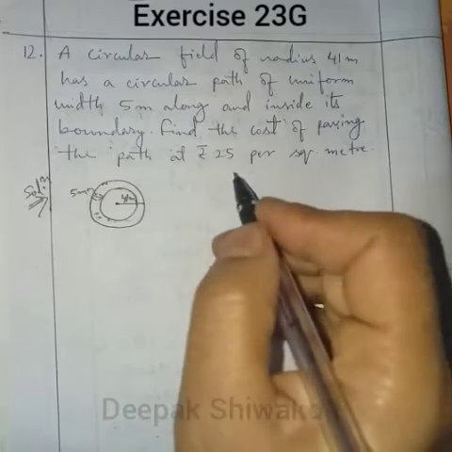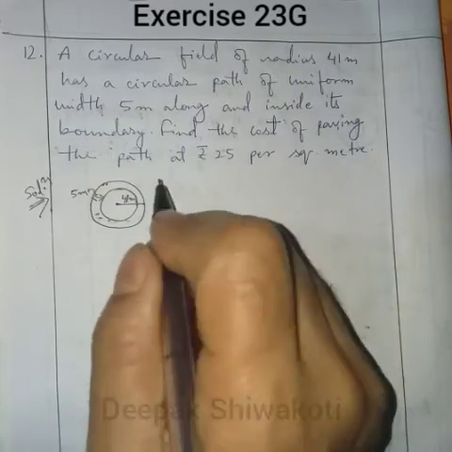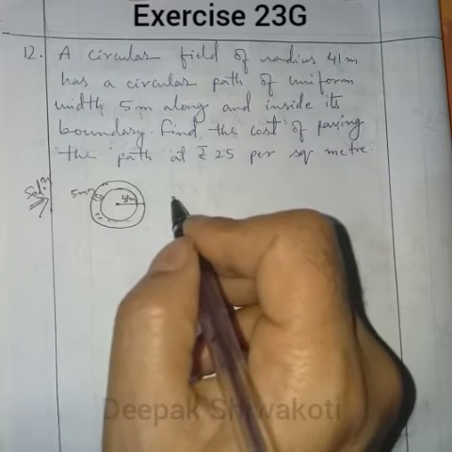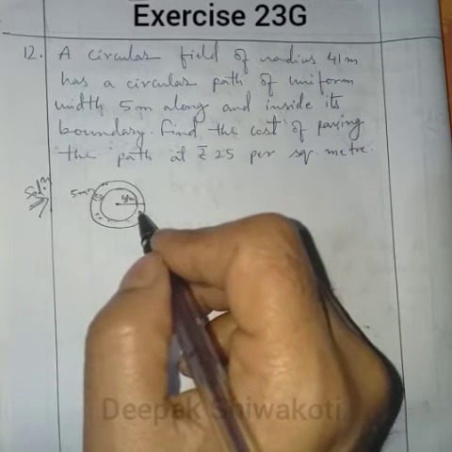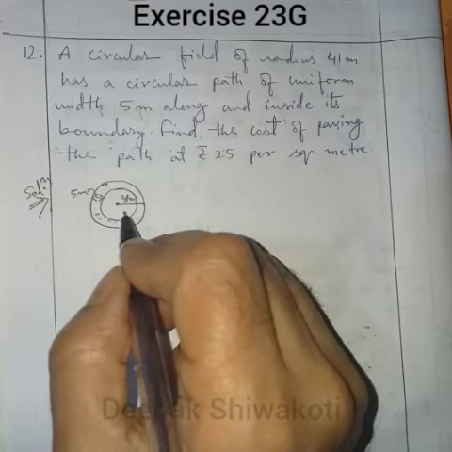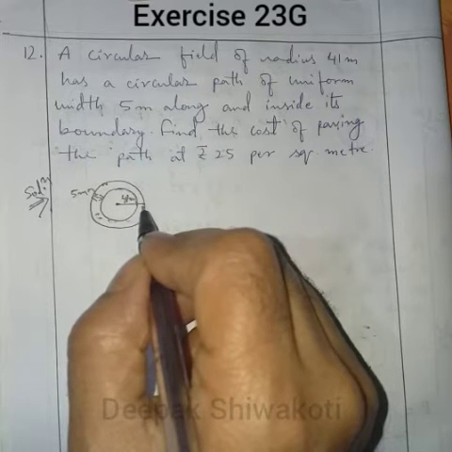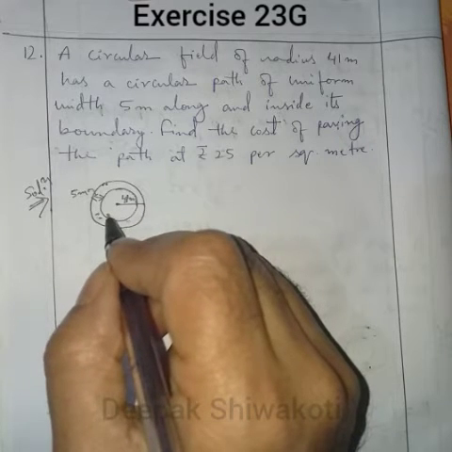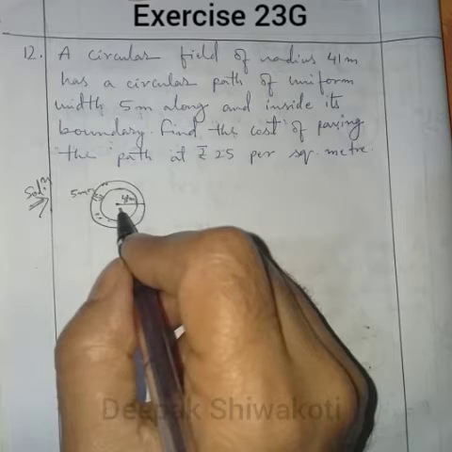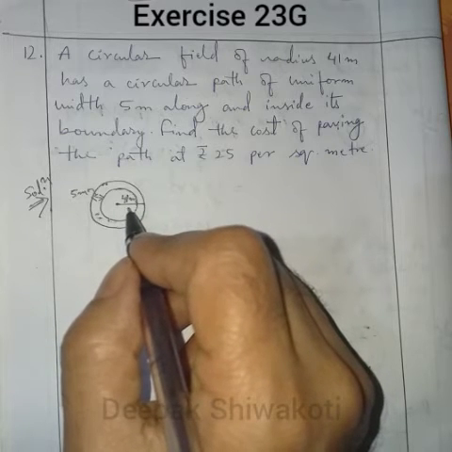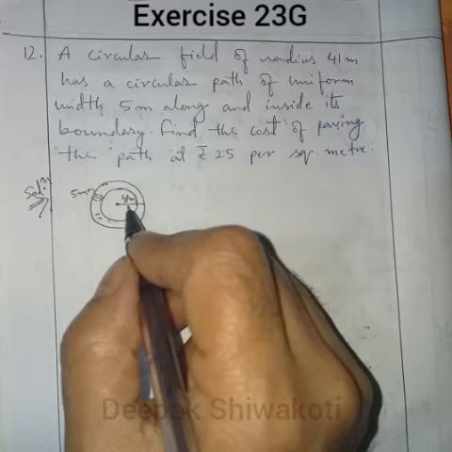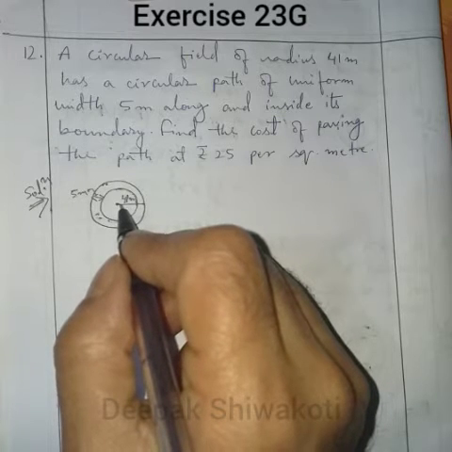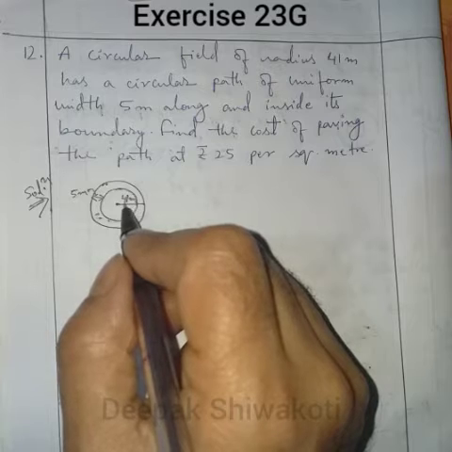First we'll get the area of the ring, then the cost. Area of the ring will be given by the radius of this and then the radius of this small circle. Here capital R is 41 and small r is 36, that is 41 minus 5.